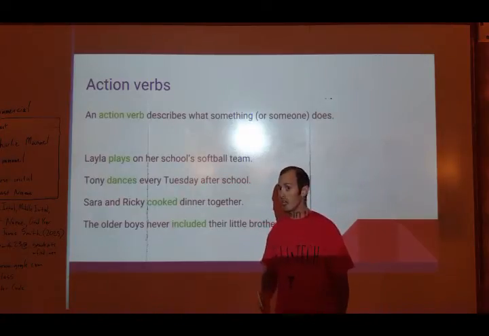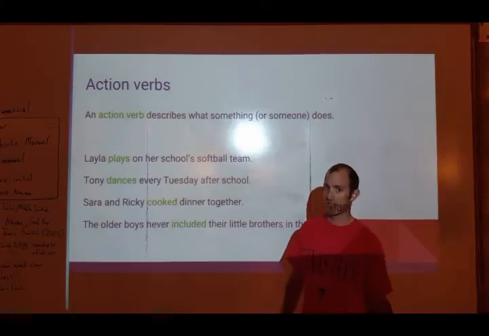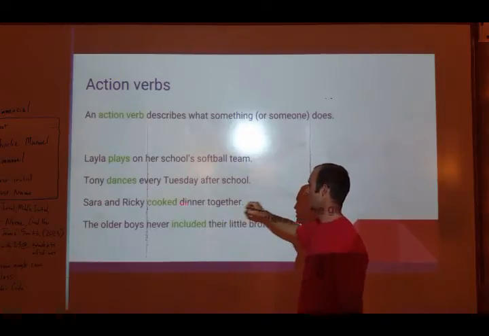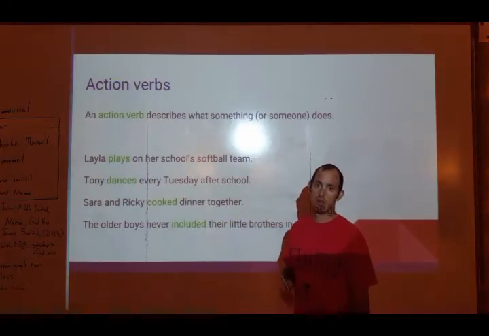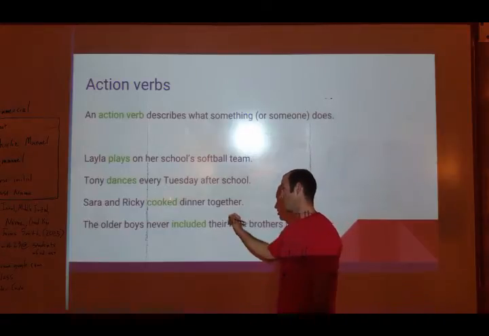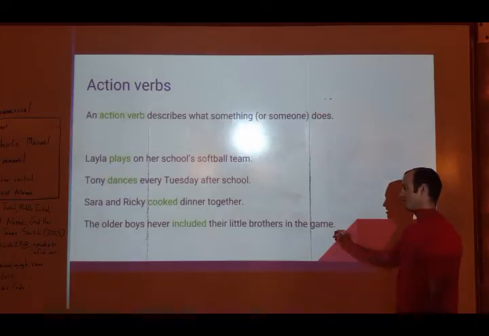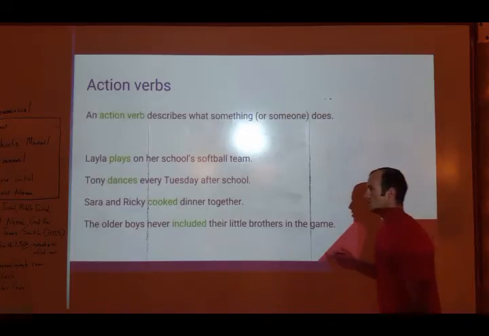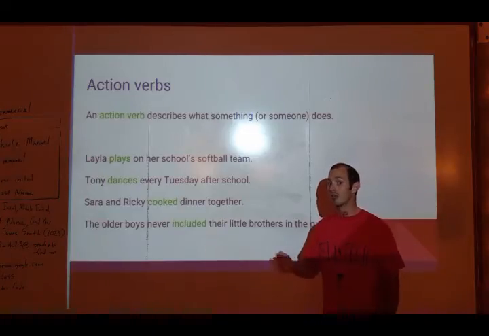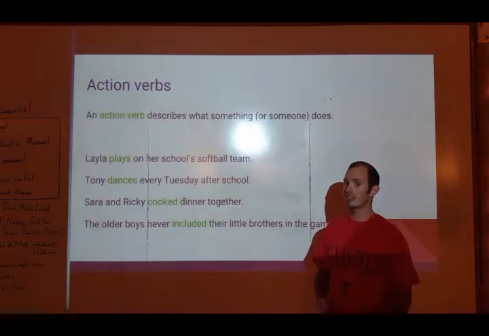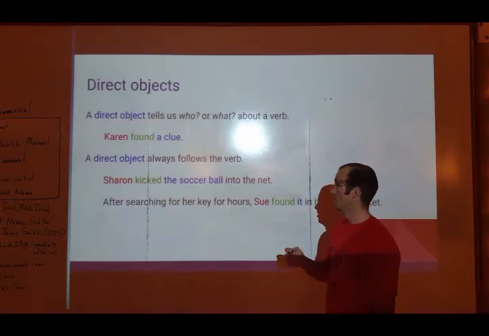What does Tony do? He dances. Dances is the verb. Sarah and Ricky cooked dinner together. What is the action in this sentence? Cooked. The older boys never included their little brothers in the game. What is the action here? Included. That is the action that is being done here.